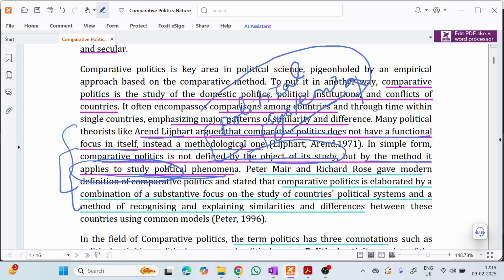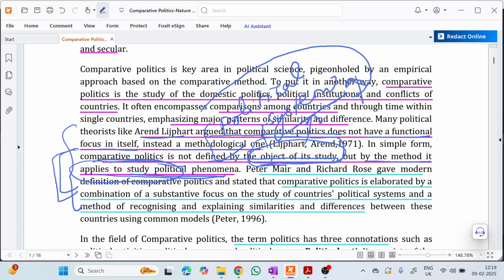Well, certain complex definitions take time for simplification. So again, I make another attempt. Comparative politics is not limited to the study of political systems.